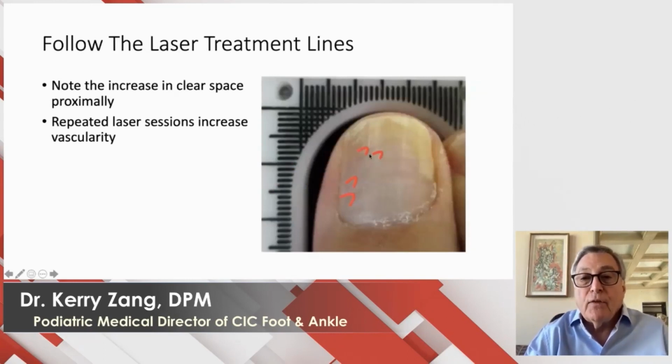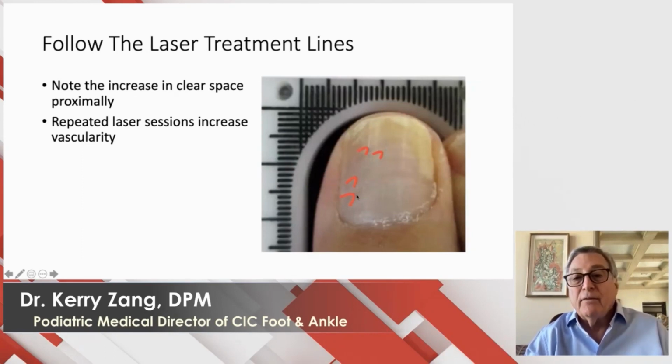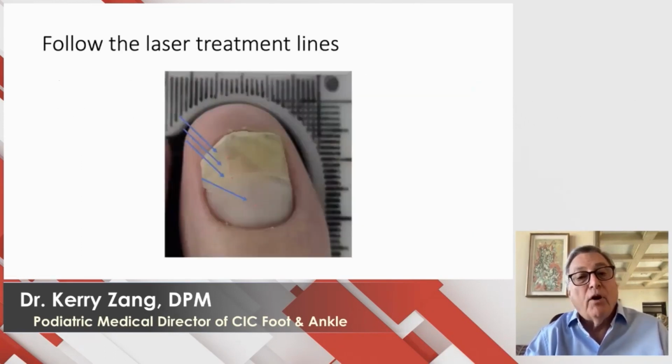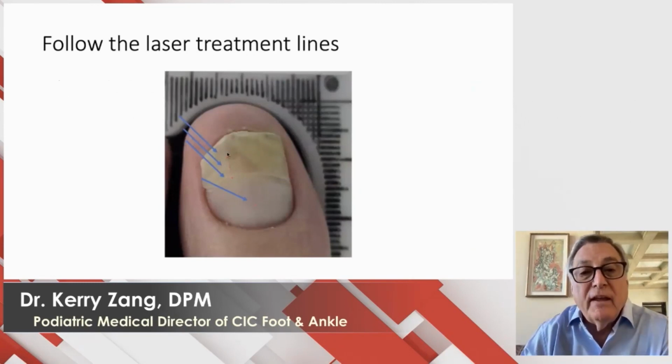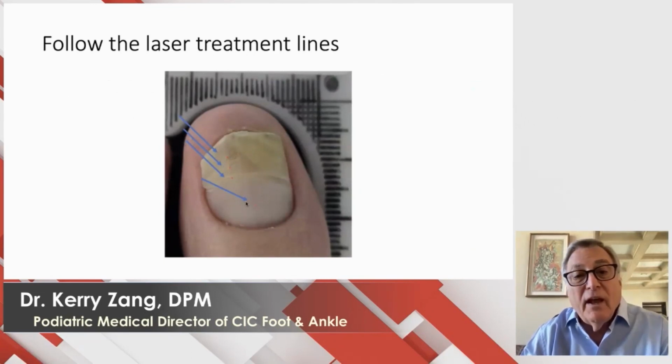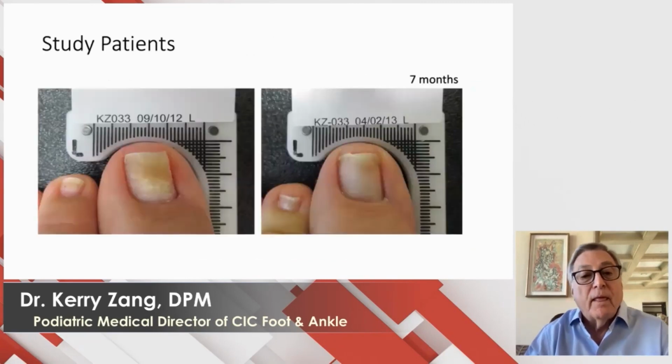Again, you can look at the laser treatment lines as a nail grows out. Clear space is pretty important. This is also dramatic, and you can see the first treatment, second treatment line, third line, and the fourth treatment was here, and everything is clear after that.